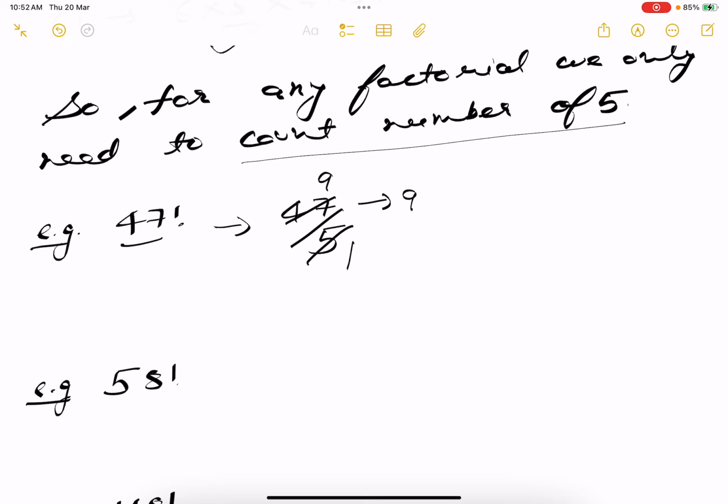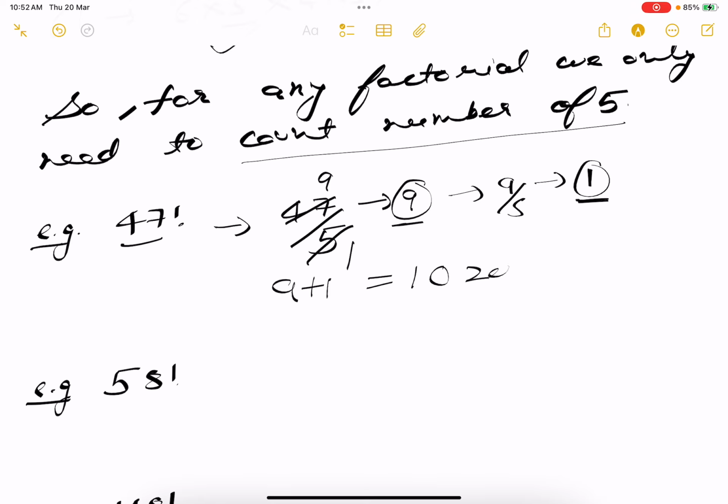We are left with remainder 2 and quotient 9. Now since quotient 9 is there, I'll again divide this 9 by 5. Now 5 ones are 5, so the quotient comes as 1. Now we'll add both the quotients: 9 plus 1 is equal to 10. The number of zeros would be 10.